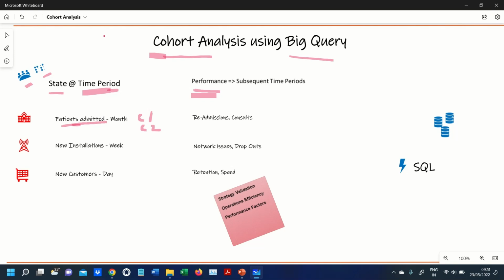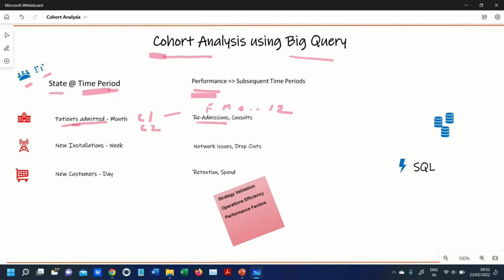And readmissions and consults are the performance indicators which the business wants to measure on these individual cohorts, right? So out of the people who got admitted in January, how many readmissions are happening in the subsequent periods of time, that means the next month, in February or March or April, up to maybe the next 12 months, how many people are getting readmitted from this cohort.